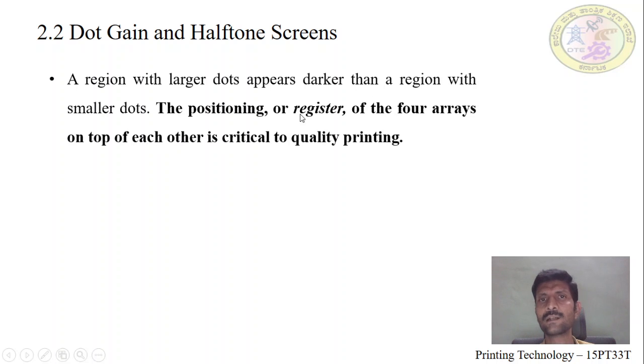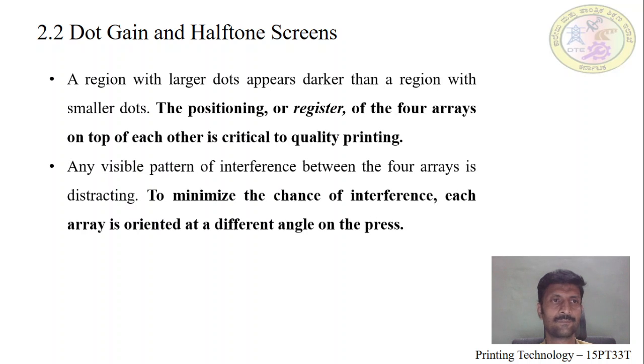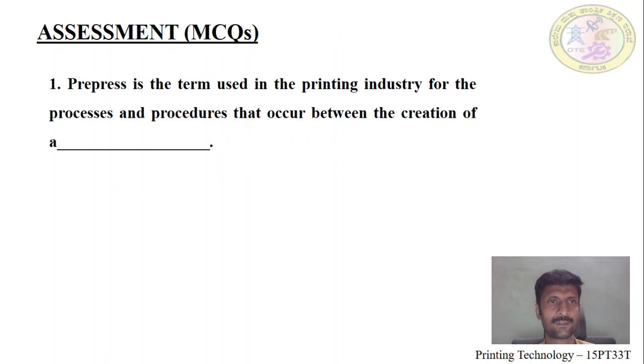The positioning or register of the 4 arrays on top of each other is critical to get a quality print. So commercial printers normally use trapping software to minimize the chance of interference if each array is oriented at a different angle on the press.